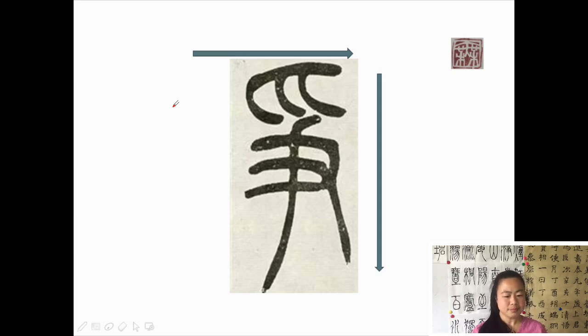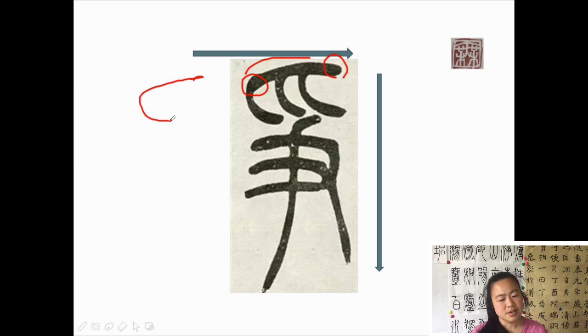Okay, now this one is a little bit different. We start from here and then move here. So you can see clearly there is a connection here, right? Okay, so we write from here and then to here, and that connects well.